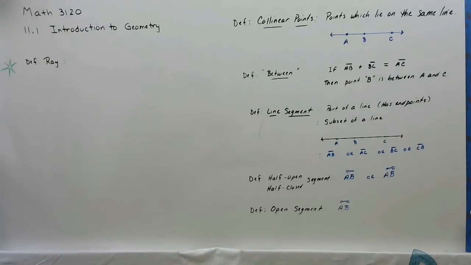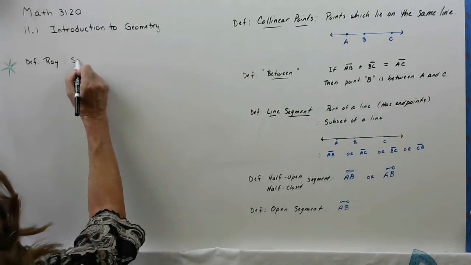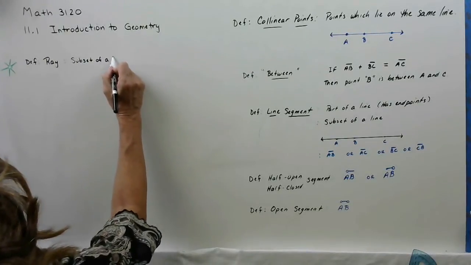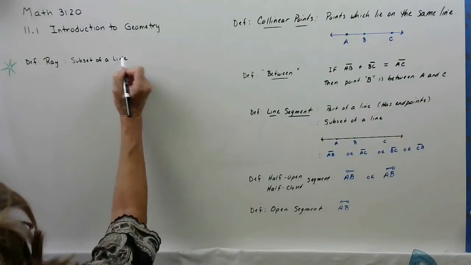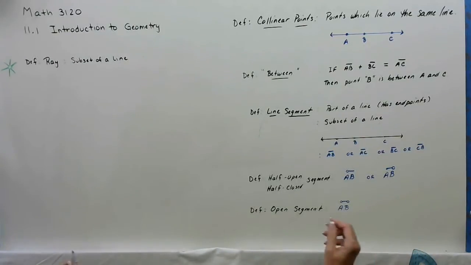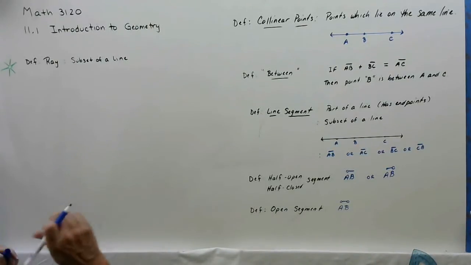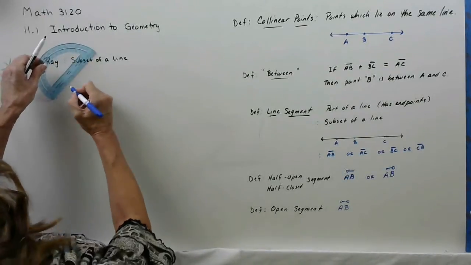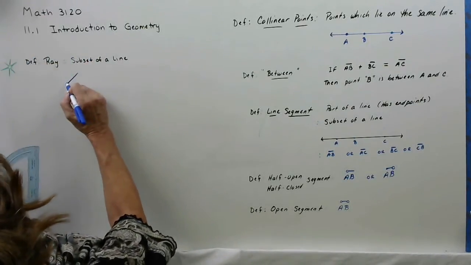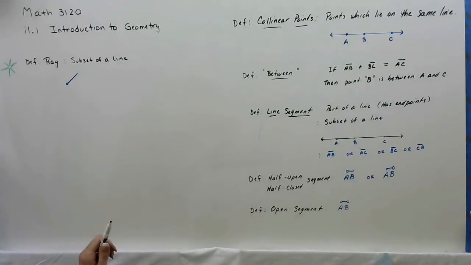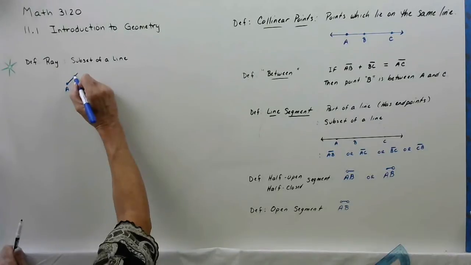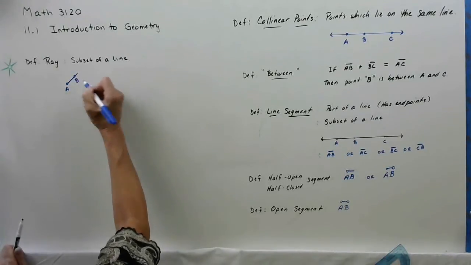So a ray is also a subset of a line. But with a ray, you start at a single point, okay? We start at a single point, and then we go out from that point. So I might start at a single point. I'll call that A. I'm going to tell you it's going to pass through another point.